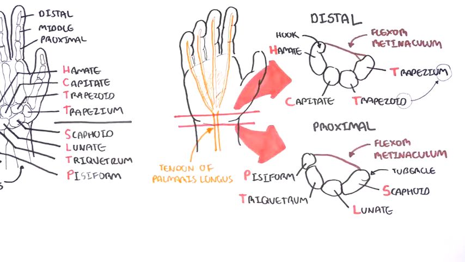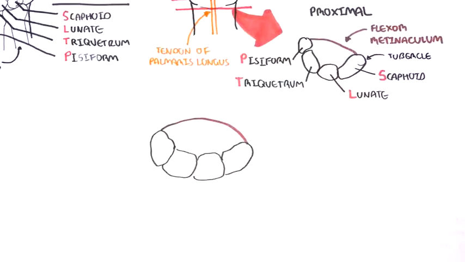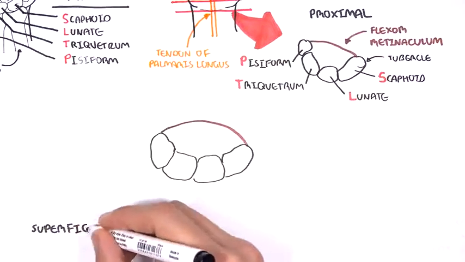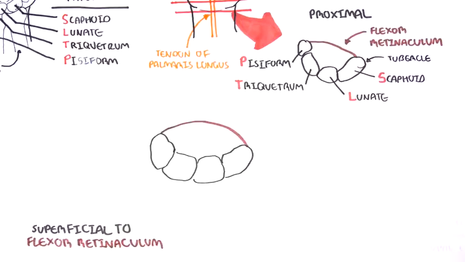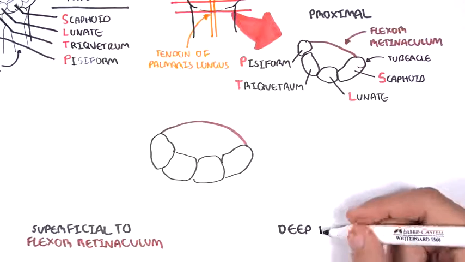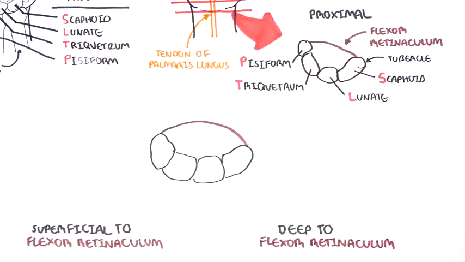So here I'm drawing the carpal bones of the right hand. Let us now look at things that run superficial to the flexor retinaculum and things that run deep to the flexor retinaculum. Let's begin by looking at the deep structures. There are many structures that run deep to the flexor retinaculum.